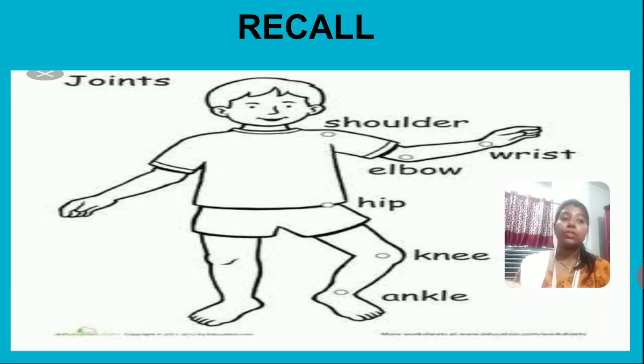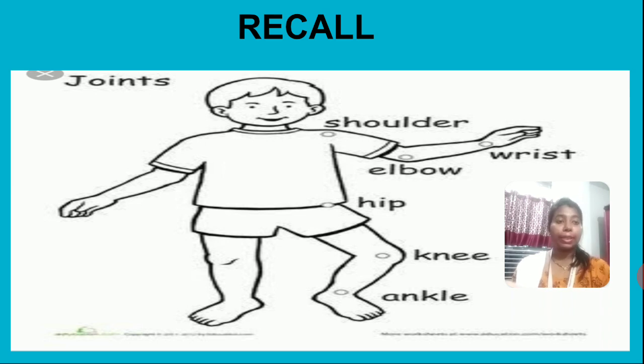We have also read that when two bones meet, that point is called a joint. We have different joints in our body: shoulder, elbow, wrist, hip, knee and ankle, isn't it? So these joints help us to move.